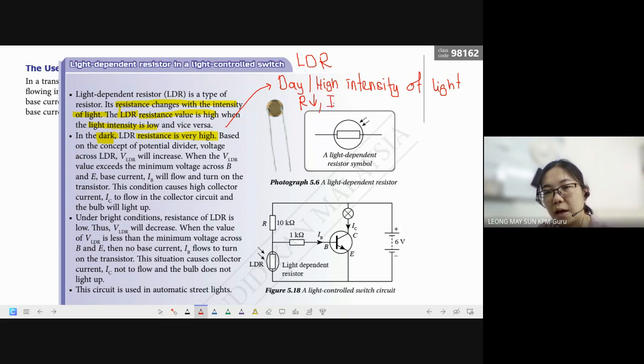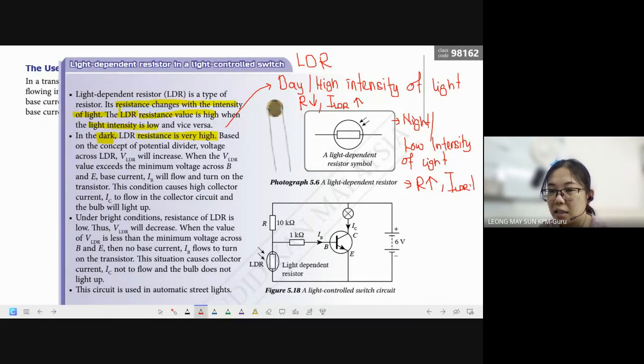Current flowing through the LDR is high. All right, that's daytime. Then at night, when the intensity is low, the resistance of the LDR is high. If the resistance of the LDR is high, the current flowing through the LDR is low. Please do take note, this is the light dependent resistor. We haven't talked about the transistor yet. Okay, so please clarify this first.